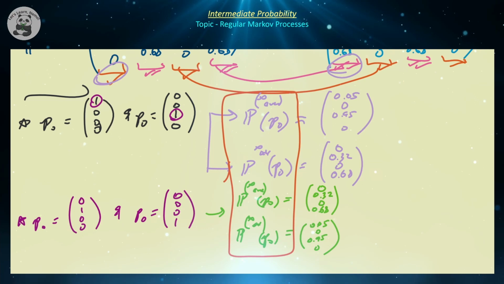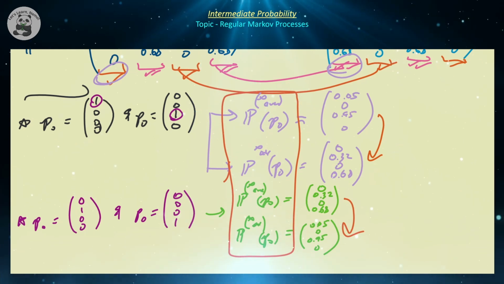But keep in mind, if you go from here and iterate by one more, you will go here. And if you iterate by one more, you will go here. So it's always going to cycle back and forth. That's just an introduction, or a nice sound foundation, of regular Markov processes with a little introduction as to what to expect for irregular Markov processes.